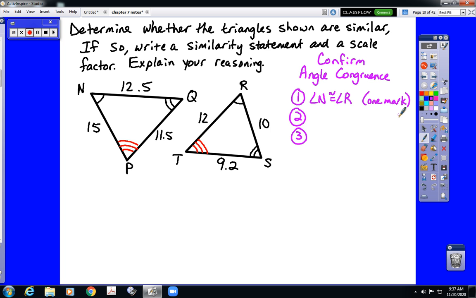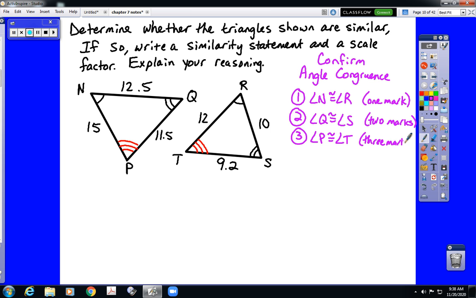We can confirm that angle Q is congruent to angle S because they each have two marks. They're already marked as being congruent, so we don't need to worry about confirming it. It's already confirmed. We've just got to state it. And then angle P is congruent to angle T because they have three marks.